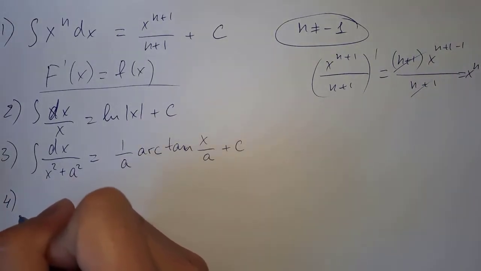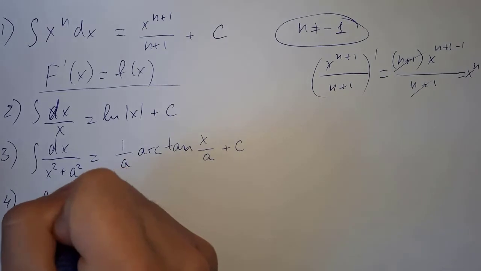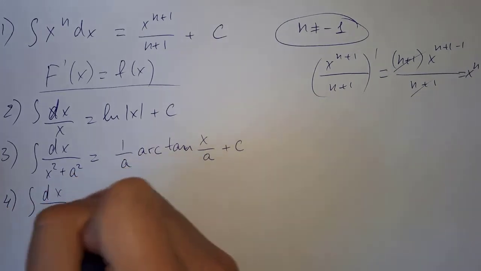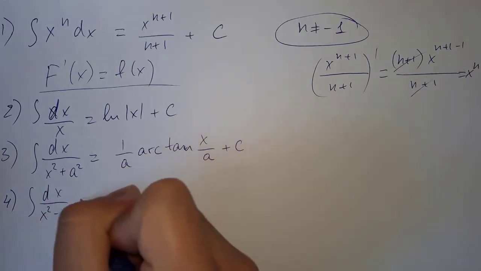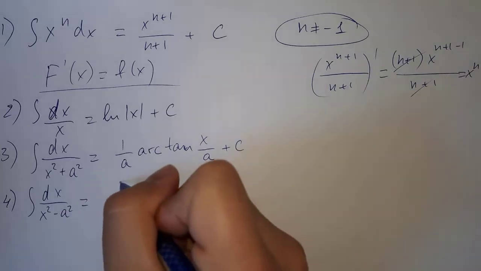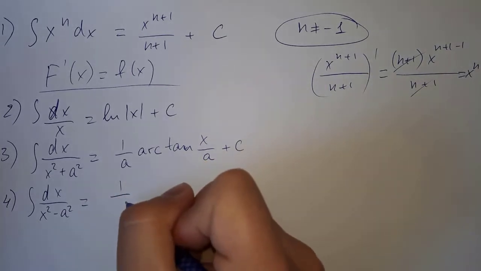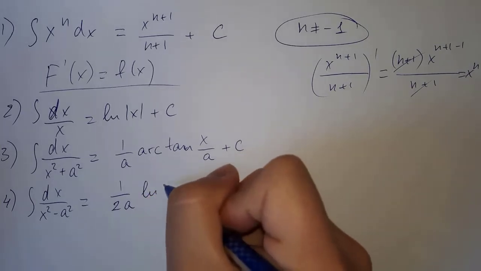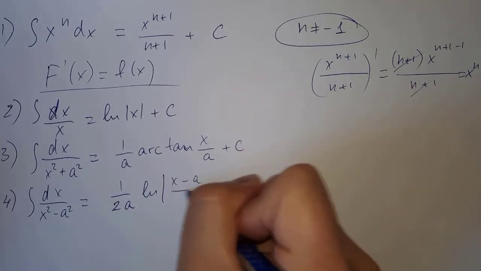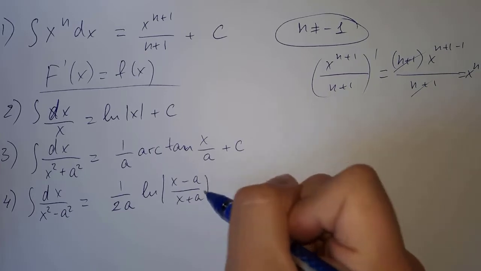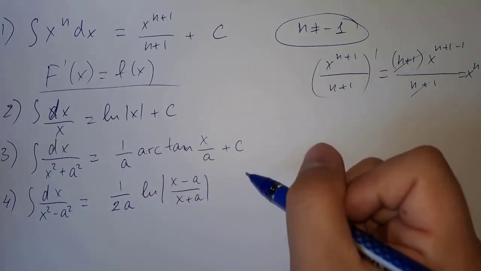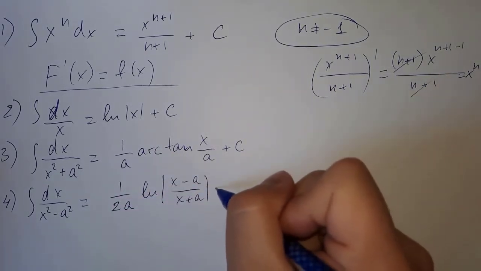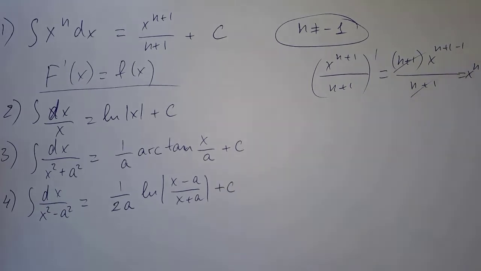If we have minus between them, x squared minus a squared, this is 1 over 2a times the natural logarithm of absolute value of x minus a over x plus a. We can solve these examples also and get these answers plus c.